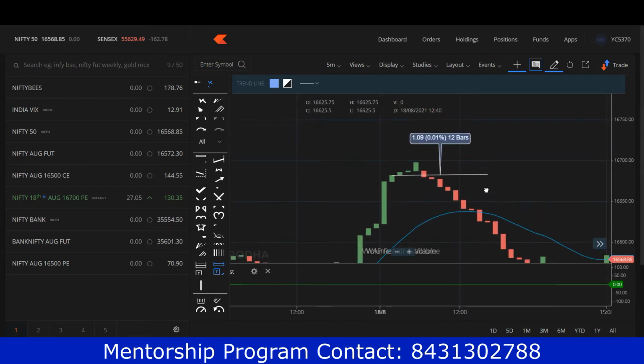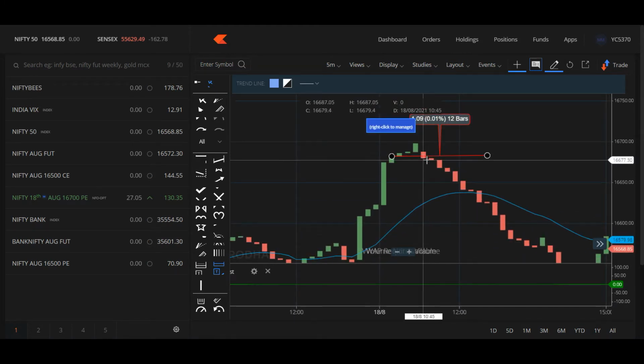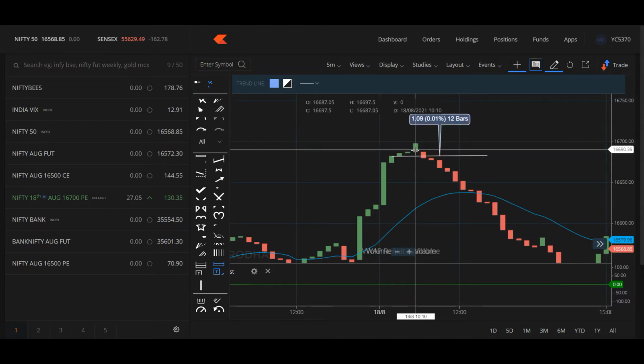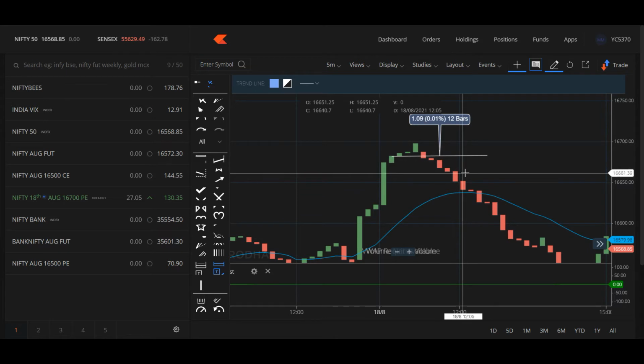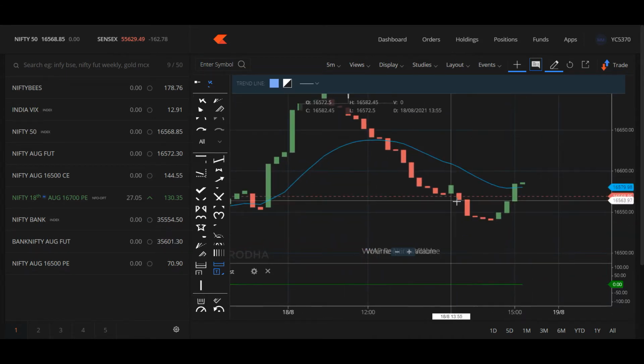And the other thing is, till the time the trend is not changing, which is basically until the 3 candles' low or high is broken, it will not change the trend. It will continue the trend till you get one green candle here in this case. This candle has actually broken the high of the 3 candles.